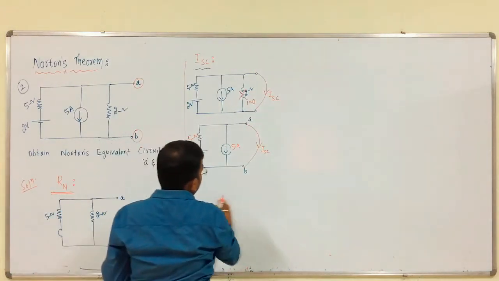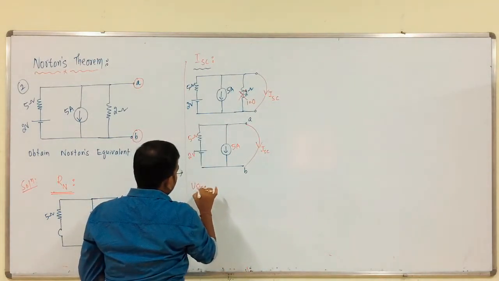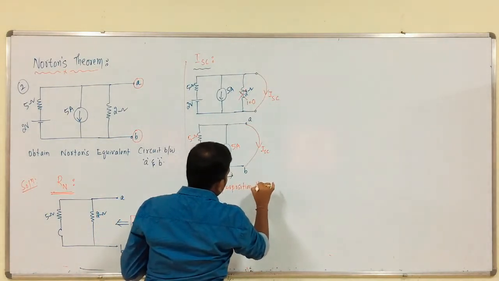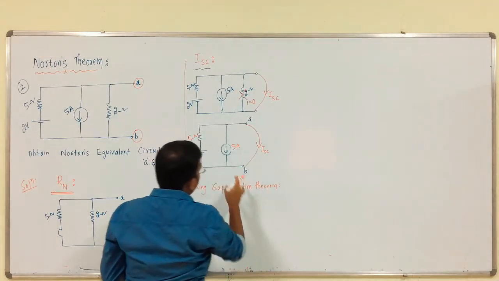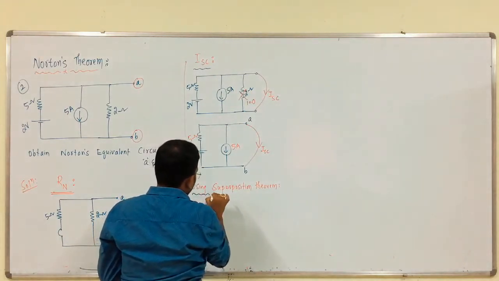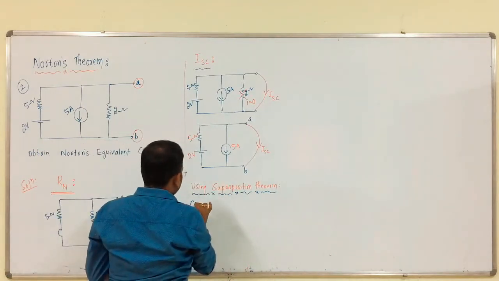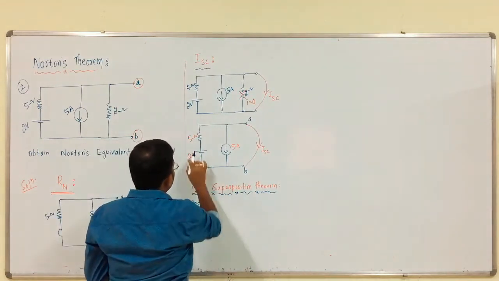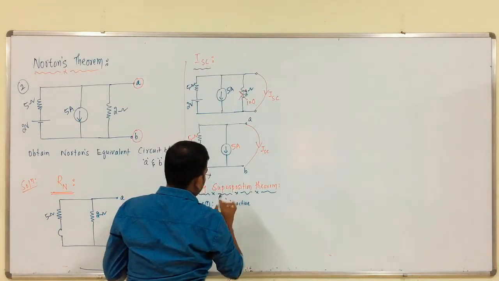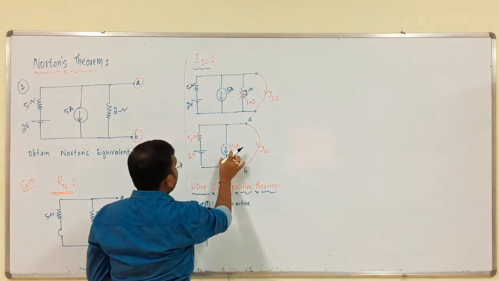To get ISC, we use the superposition theorem. It is better because we have a current source and an unknown current. That is case 1. What is case 1? The 2V source is active, which means the current source is deactivated by open circuiting.